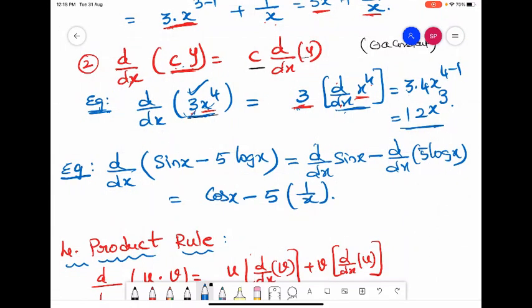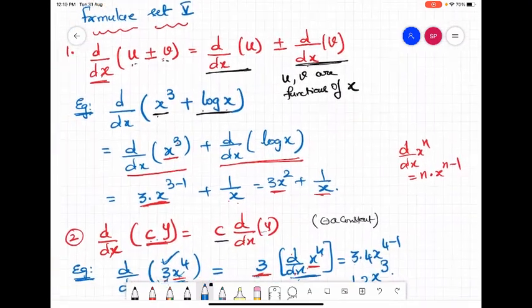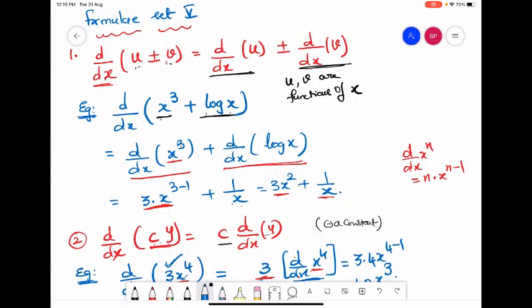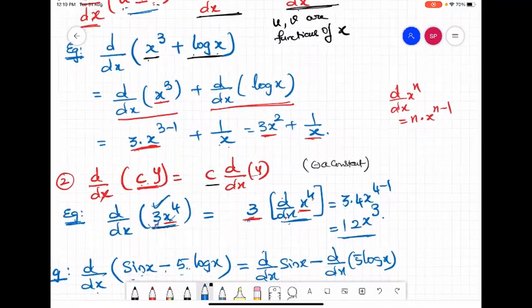So let us quickly go to another example also. Suppose I have d by dx of sin x minus 5 log x. I have two terms which are separated by minus. According to our above formula, what is it that we have? If I have u plus or minus v, I can split that and write it.